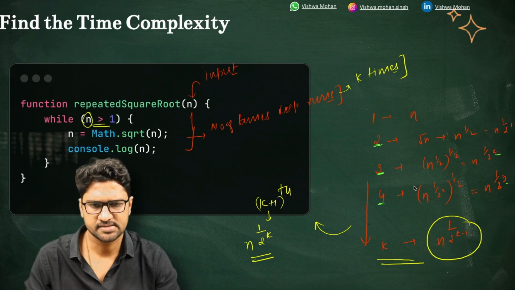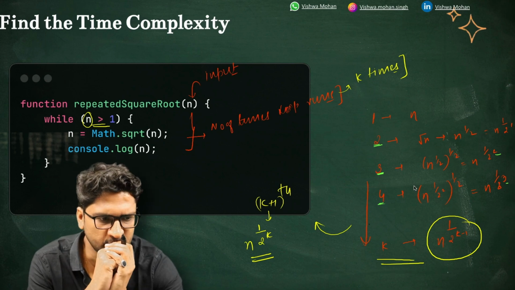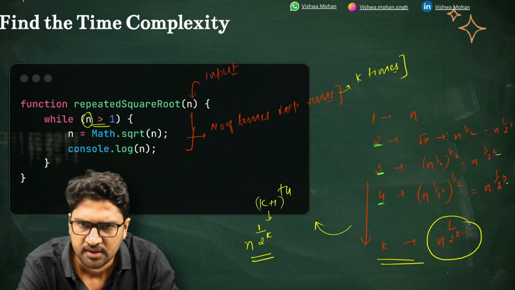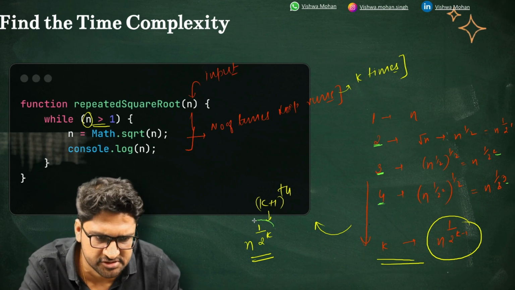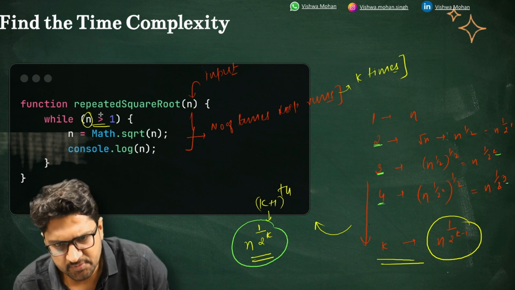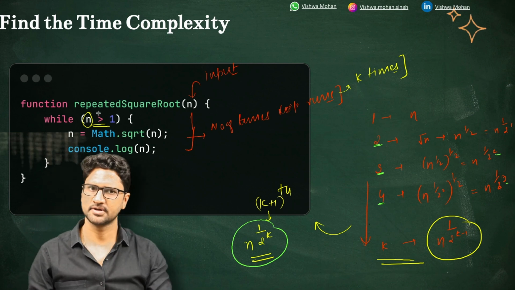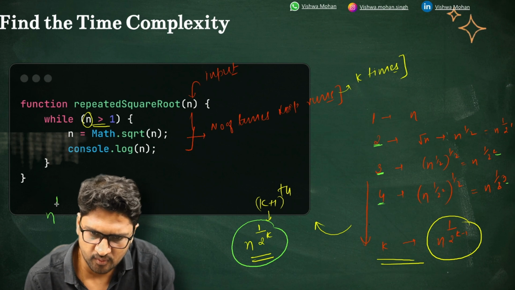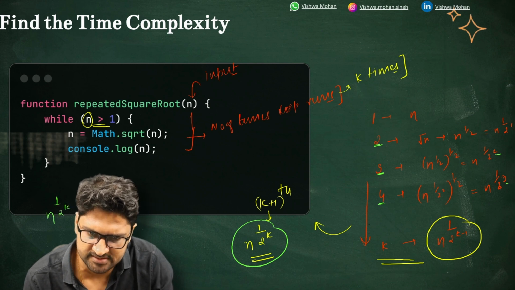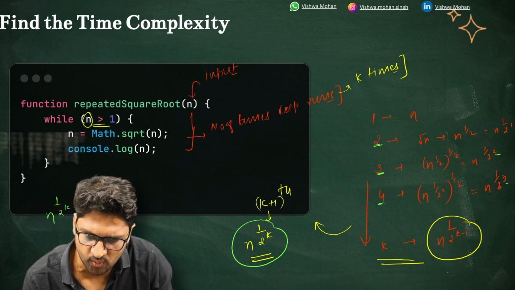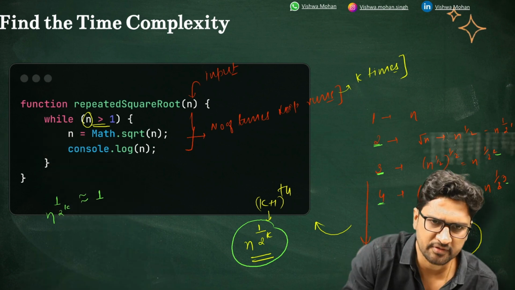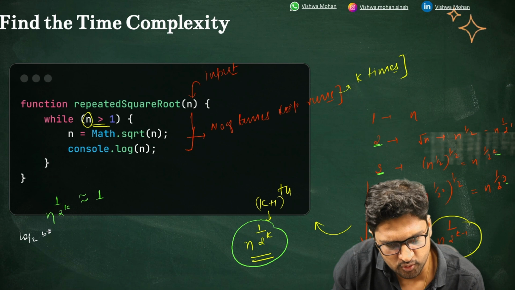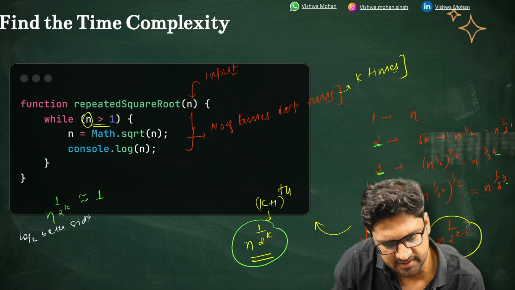So I have this n to the power 1/2^k, the kth term, fair enough. At this kth term, the while loop condition will break, right? So I can write it as n to the power 1/2^k is approximately equal to 1. At this point I can take log base 2 on both sides.